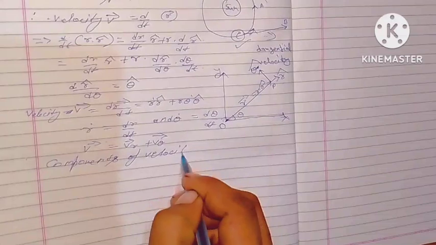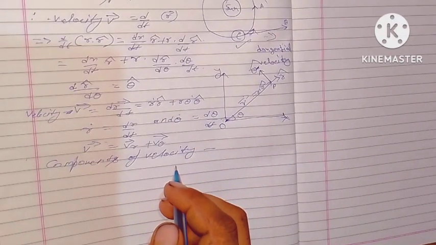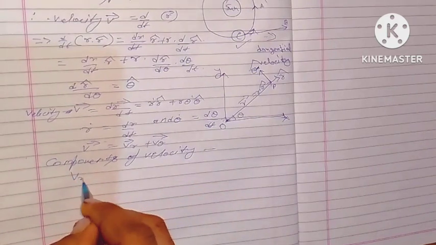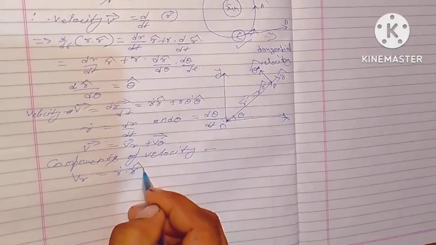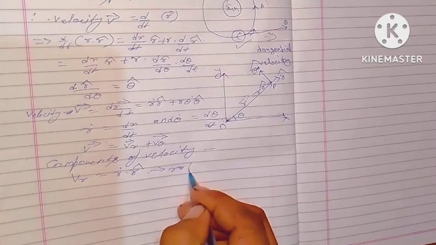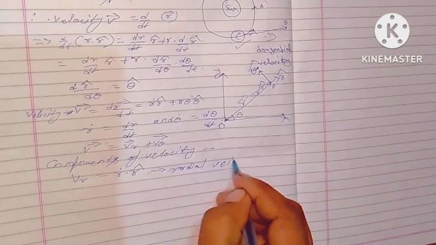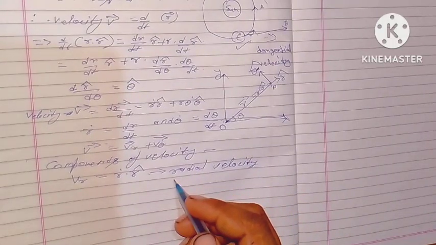The quantity vector Vr, equal to the derivative of r times unit vector r, is known as the radial velocity, due to the change in magnitude of r with theta remaining constant.